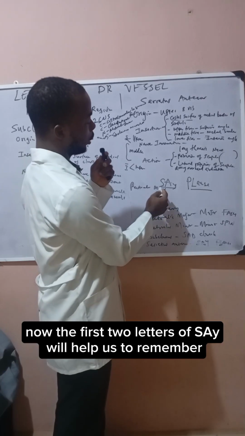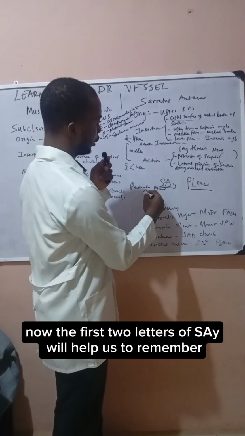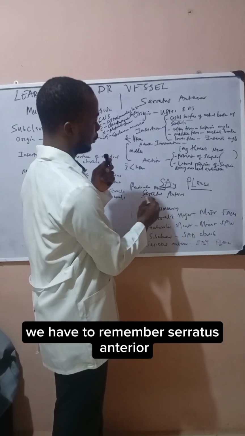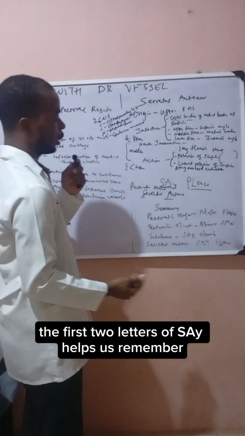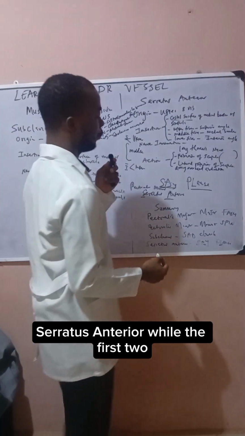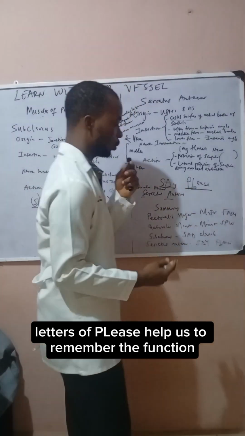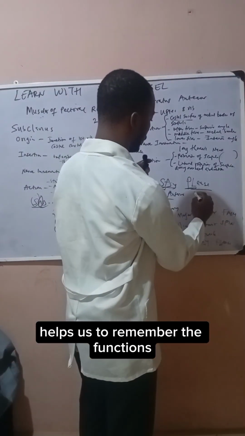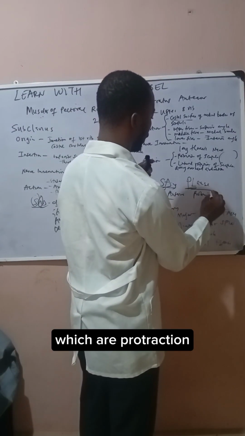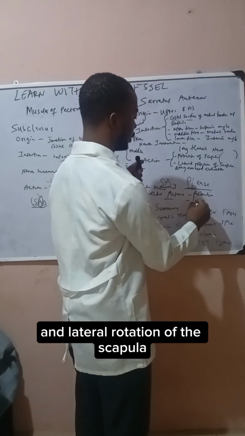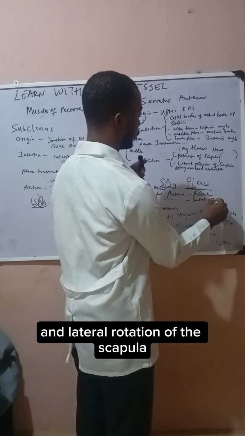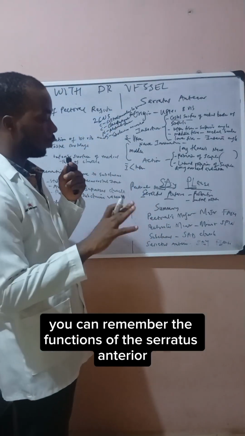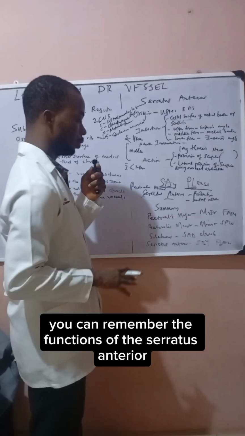The first two letters of SAY help us remember serratus anterior, while the first two letters of PLEASE help us remember the functions, which are protraction and lateral rotation of the scapula. So with SAY PLEASE, you can remember the functions of the serratus anterior.